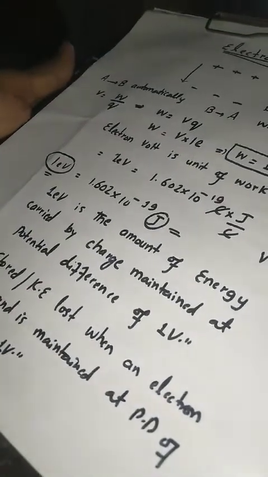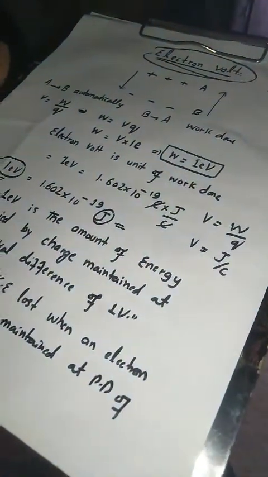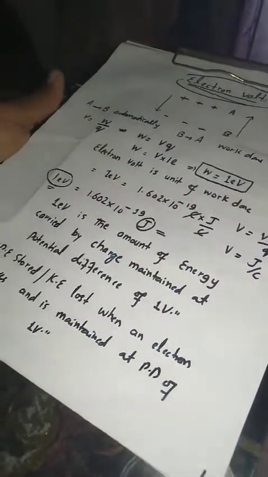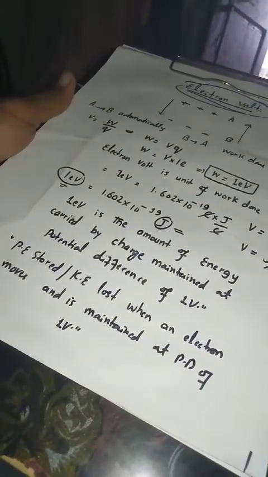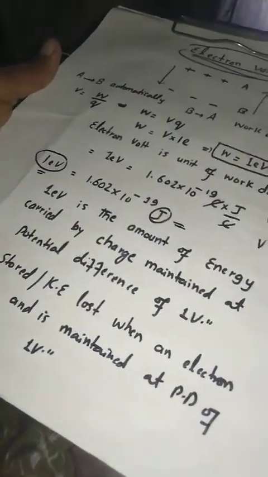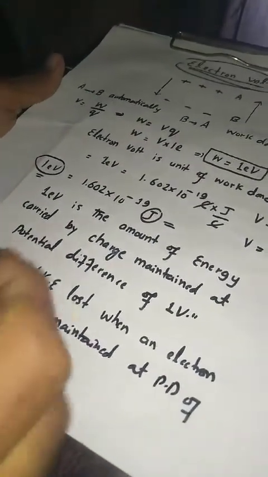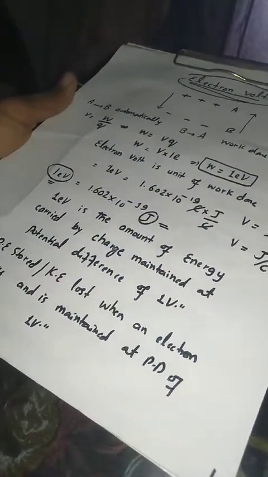So this was all about today's lecture. In this lecture we defined what an electron volt is. Electron volt is basically the unit of energy, and 1 electron volt is 1.602 into 10 raised to power minus 19 joule. 1 electron volt is the amount of energy carried by a charge of 1 electron when it is maintained at a potential difference of 1 volt.